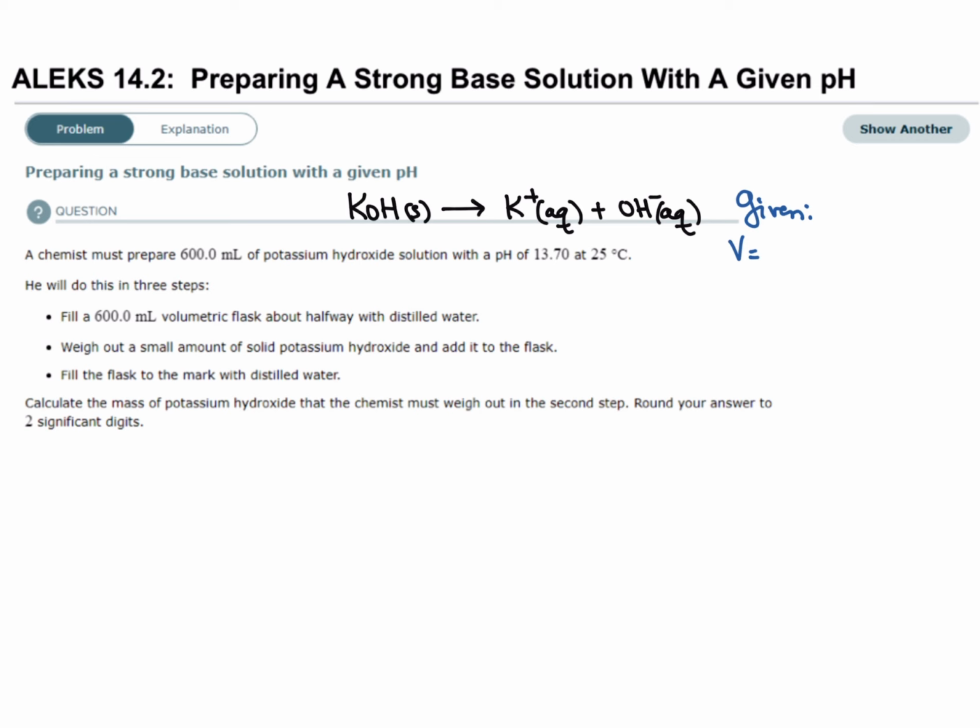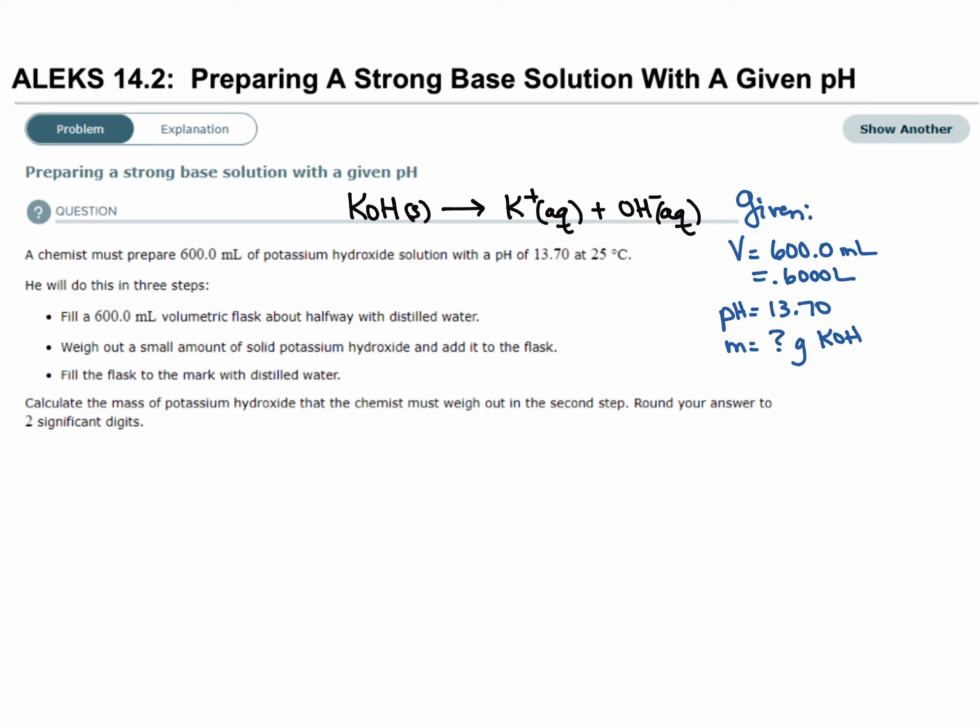They give us the volume of our solution, 600 milliliters, but I'm going to go ahead and convert that to liters. They give us the pH, and they're asking us to solve for the mass of potassium hydroxide.